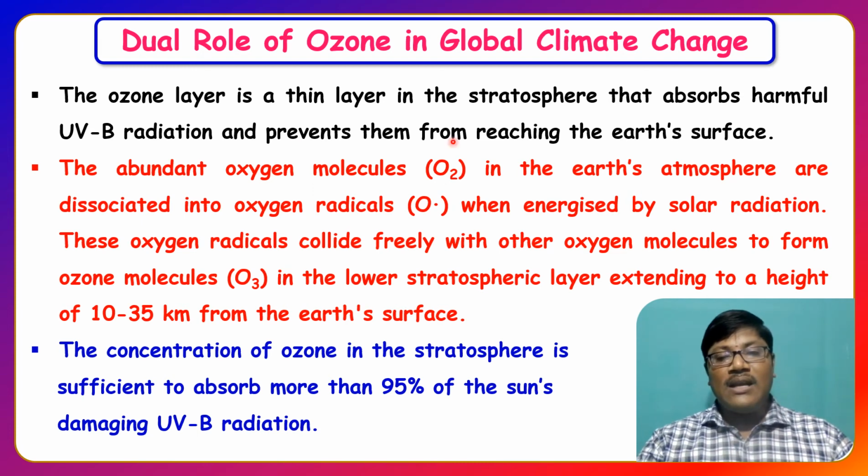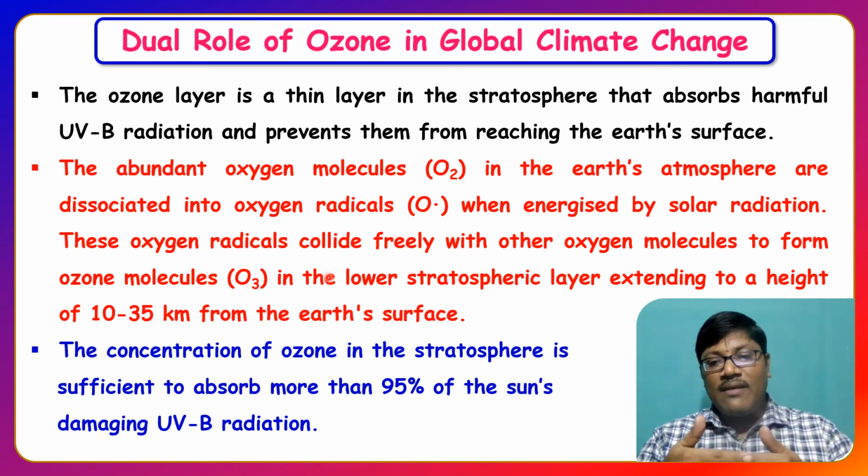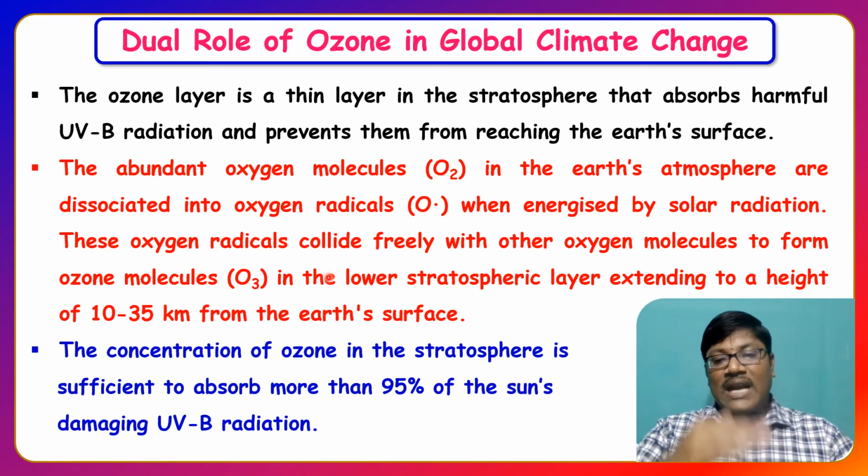The abundant oxygen molecules in Earth's atmosphere are dissociated into oxygen radicals when they are energized by sunlight. These oxygen radicals collide freely with other oxygen molecules to form ozone molecules in the lower stratosphere layer, that is 10 to 35 kilometers altitude from the Earth's surface.